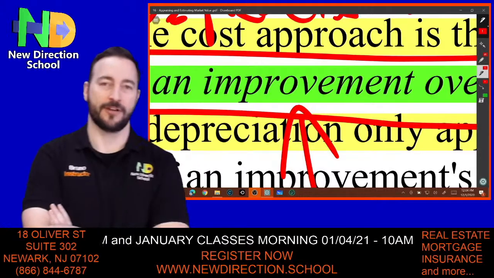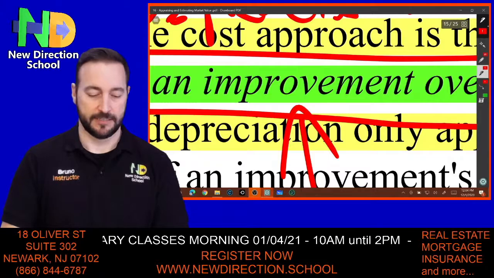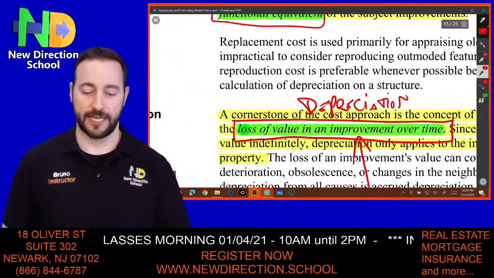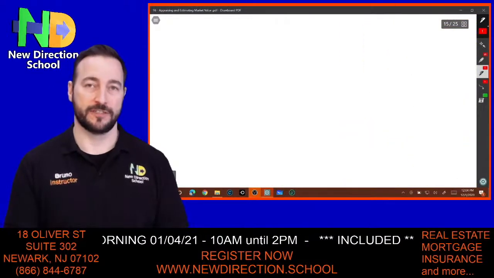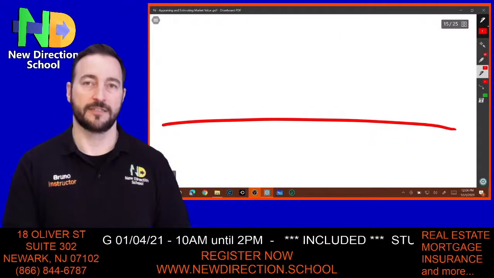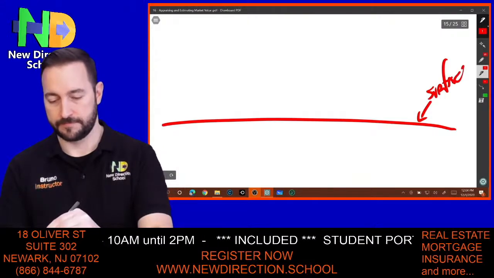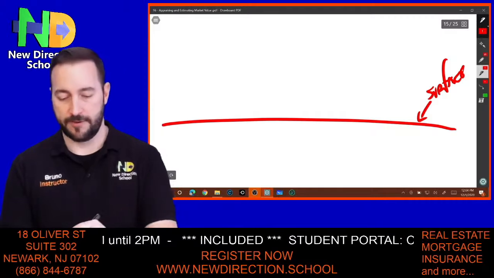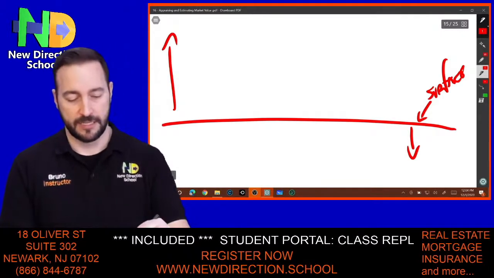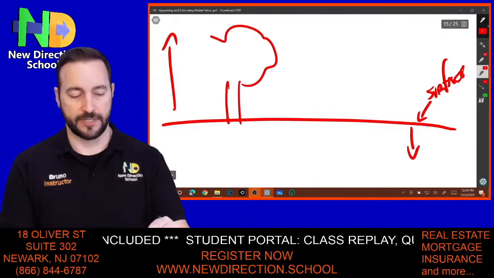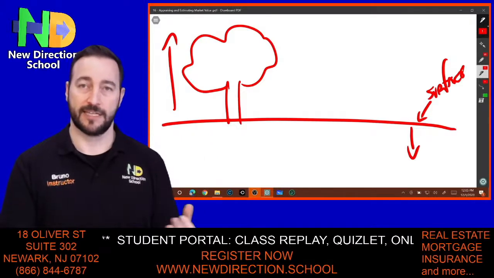Okay, let's stop right there. Celine, thank you very much. Celine wrote, adding value to your land. If you remember when we talked about land versus real estate, this is land, the surface, and then below the surface belongs to us, above the surface belongs to us, and if there's a tree that nature put there, that's land.